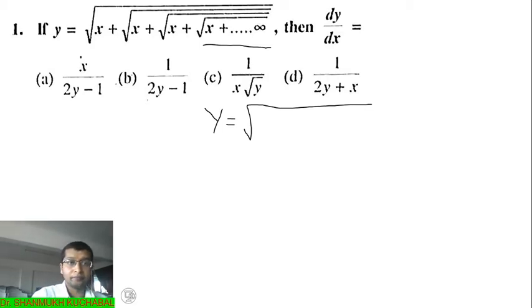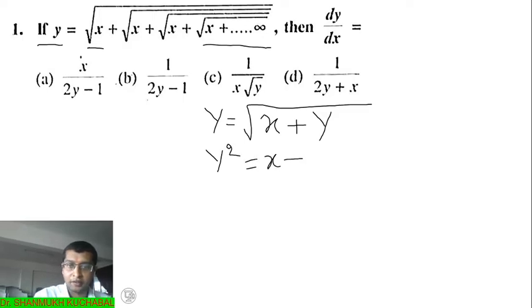I write the first term as the square root of x, and we observe that root x plus root x appears continuously, so we can write this as y. To simplify this, we should avoid the square root, so squaring on both sides, we get y square equals x plus y.